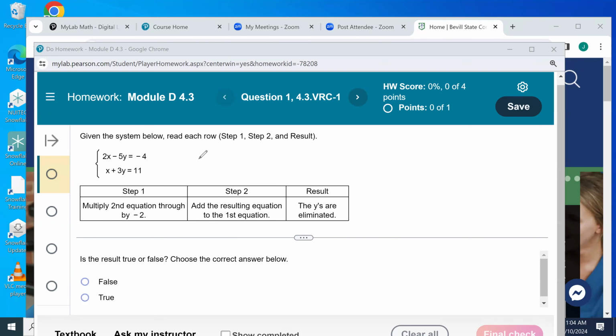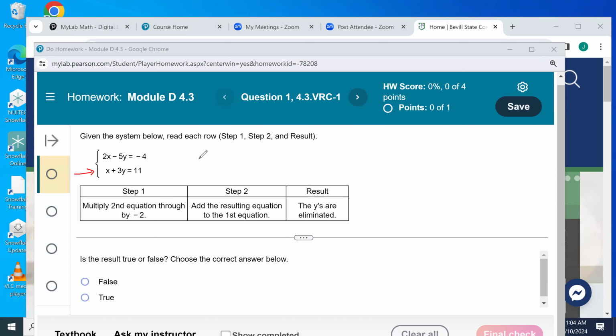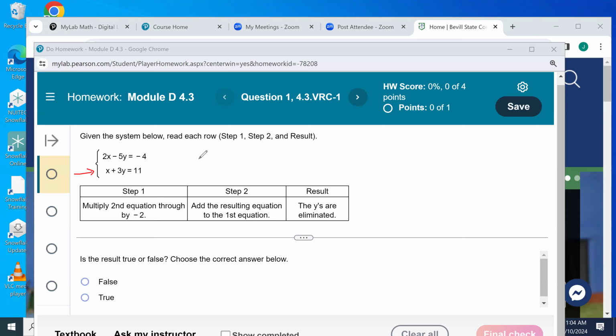If I took this equation and multiplied it by -2, then this would be -2x minus 6y and -22, right? See, I just multiplied all the numbers by -2. Okay, you see what I did?